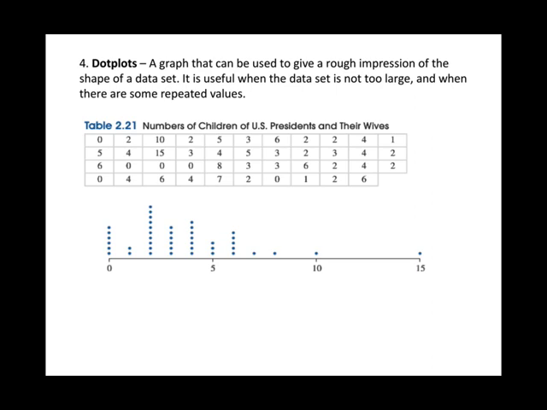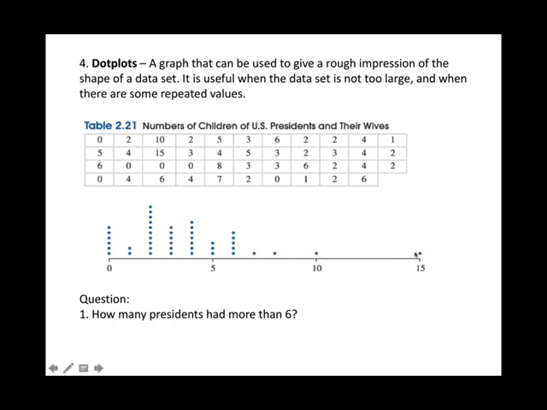Okay, now try to do questions 1 and 2. So first one, how many presidents had more than 6 children? More than 6, okay? So this is 6 here, more than 6. So I have 1, 2, 3, 4.